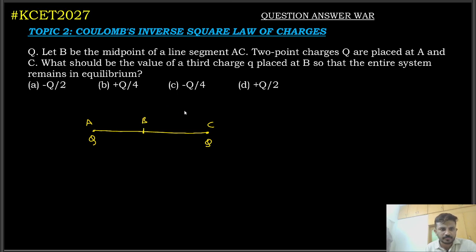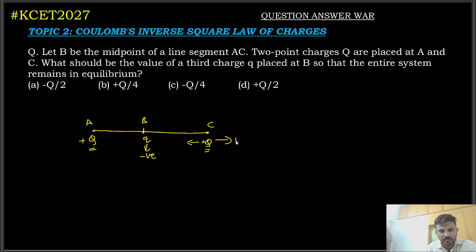What should be the value of the third charge, small q, placed at B so that the entire system will be in equilibrium? If I consider these two positive, this small q should be negative, because positive charges repel and these should get attracted so that the net force will be 0.